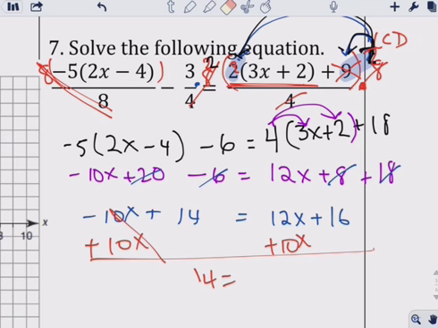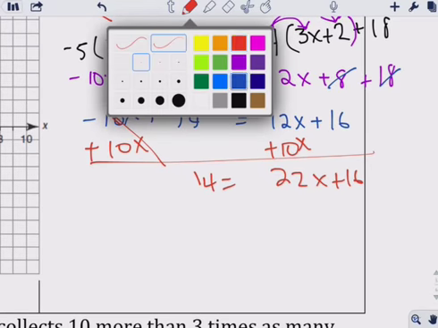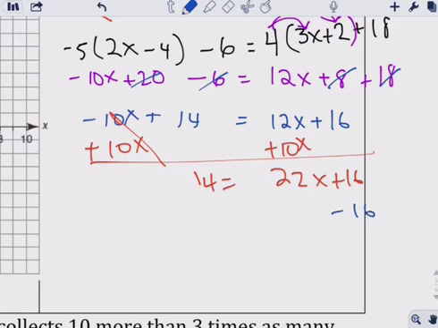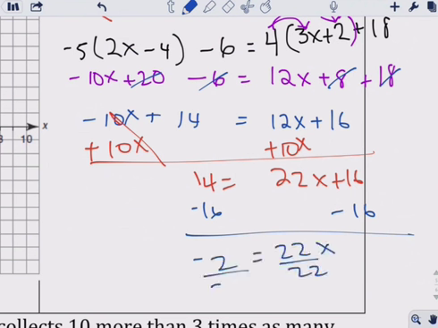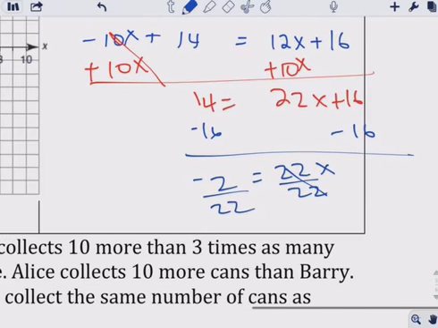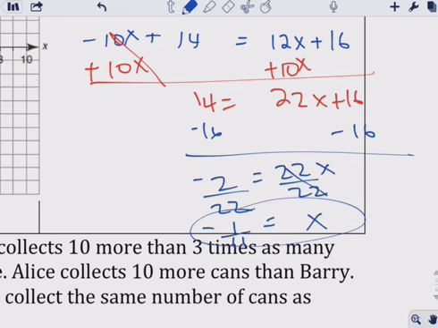Okay, 22x plus 16. Minus 16, minus 16 is negative 2 equals 22x. Divide by 22 gives you x is negative 1/11. Okay?